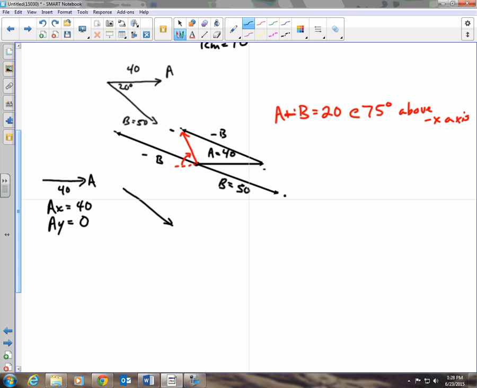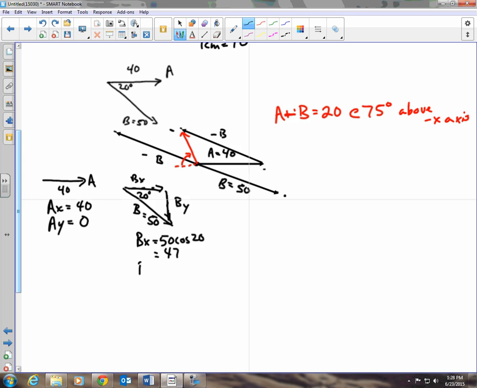B goes down this way. So BX is here. The angle is 20 degrees. B is 50. So BX, I'm going to use the cosine because it's the adjacent side. So it's 50 cosine 20. That gives me a value of 47.